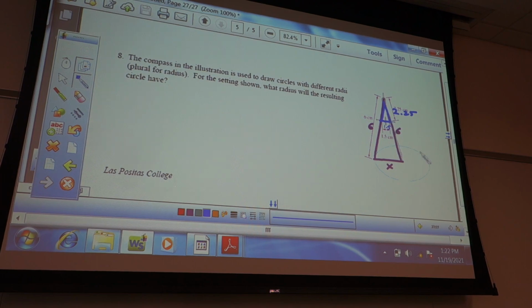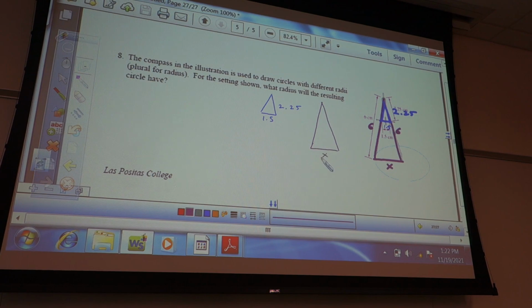So these folks have the same angle, which means that their proportions will match up. So I've got this 1.5 and 2.25 here, which match up perfectly with this larger X and 6.